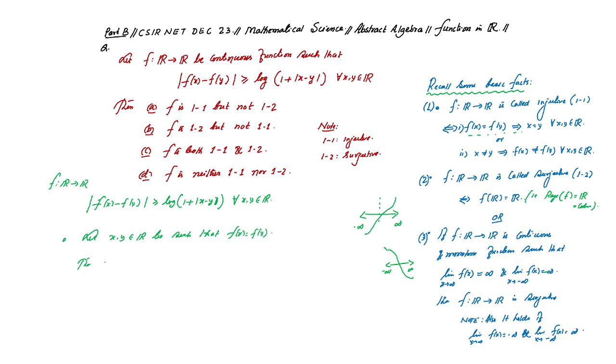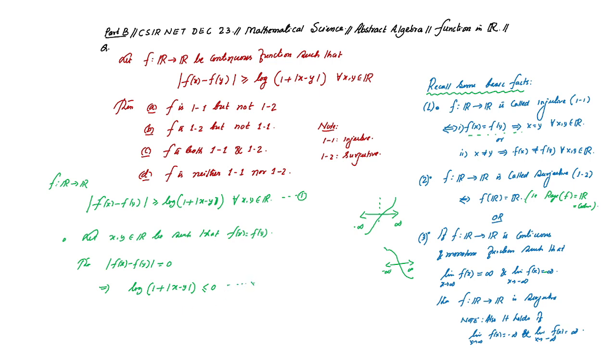So if f(x) equals f(y), then mod of f(x) minus f(y) must be 0. And from this relation 1, that implies logarithm of 1 plus mod x minus y is less than or equal to 0.